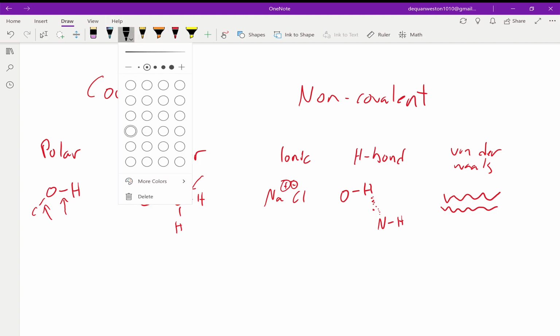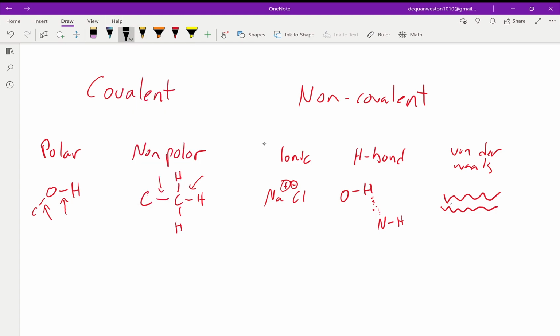And van der Waals interactions are the interactions between here. And those are due to partial positive negative charges. Remember that, let's say we have an atom here, and the electron is just going all over the place. It could be here, it's just going to be anywhere in this general area. Well, when that electron is over here, we're going to have a very tiny partial positive, partial negative.